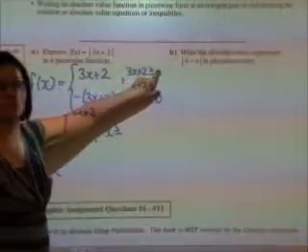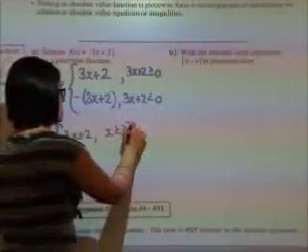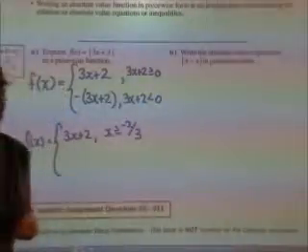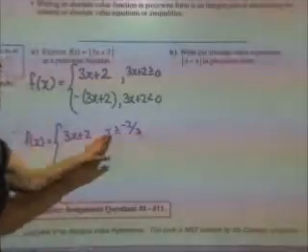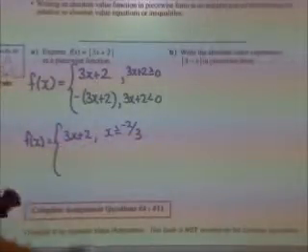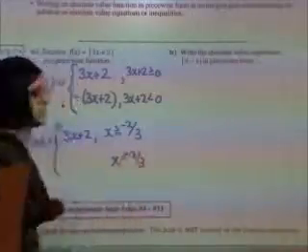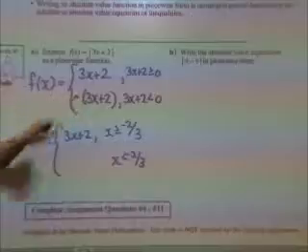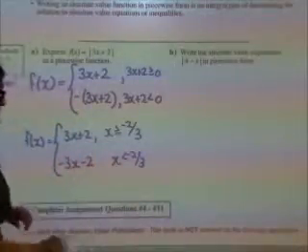Move the 2 over, so minus 2. And then divide by 3. So as long as x is greater than or equal to negative 2/3, this is the equation I would use. If x is less than negative 2/3, the equation I'd want to use would be this one, which would be negative 3x minus 2.